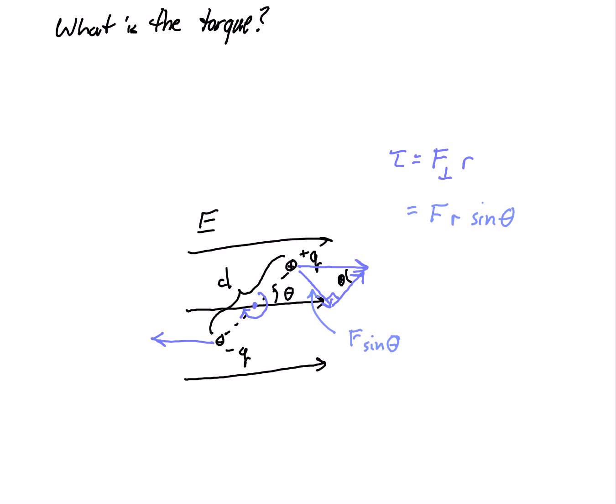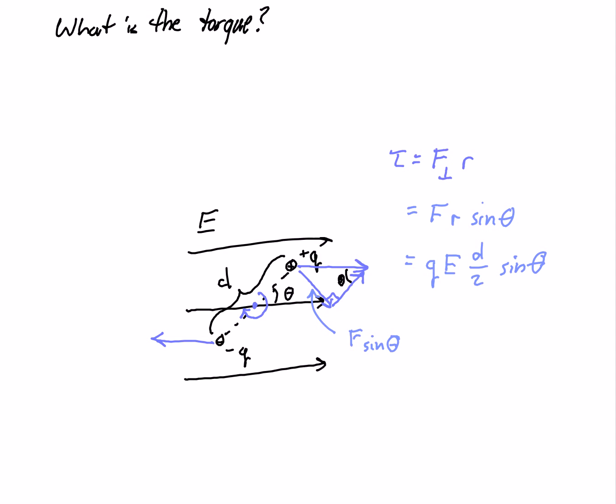Now note that the force itself, remember just from the definition of the electric field, is the electric charge times the strength of the electric field. And in this case, the radius is 1/2 the dipole separation d, so r is just d over 2. Now note that this was just the torque on the positive charge. There's going to be an equal torque from the negative charge.